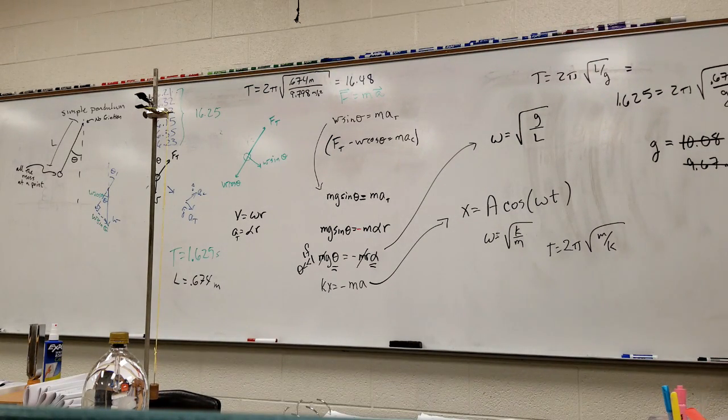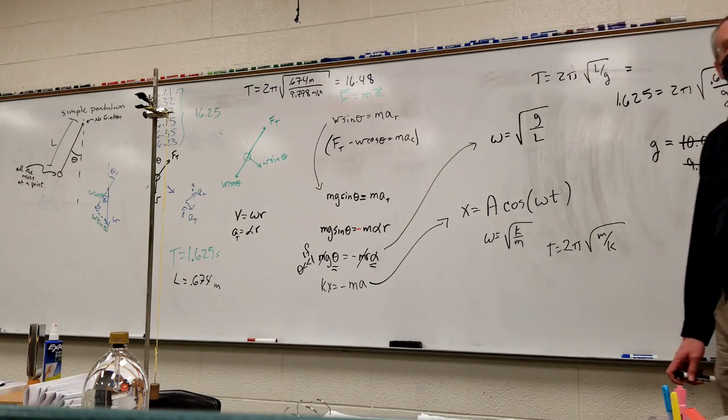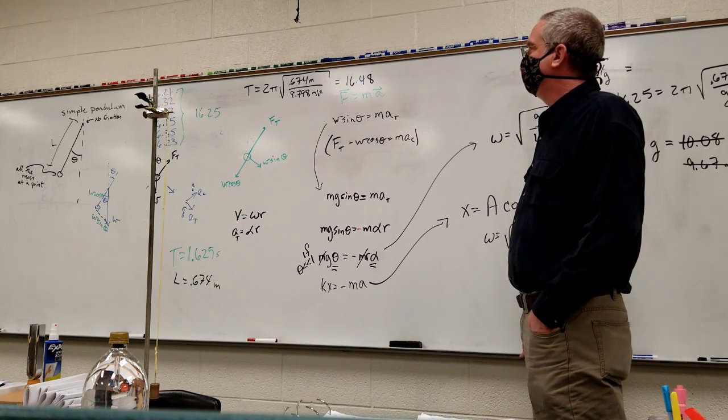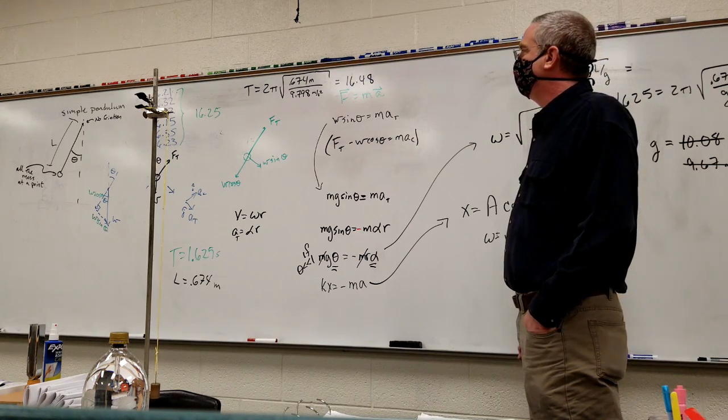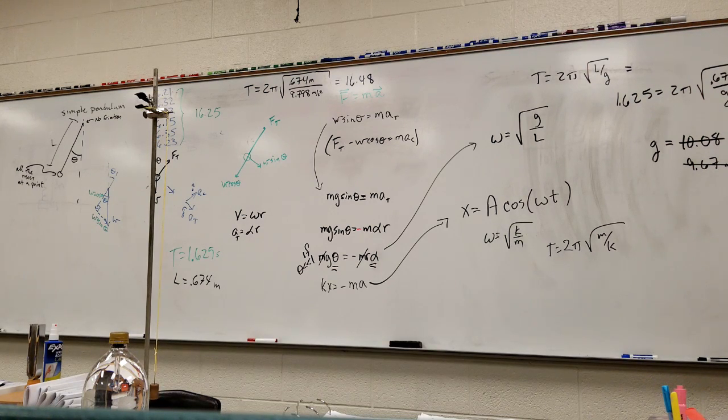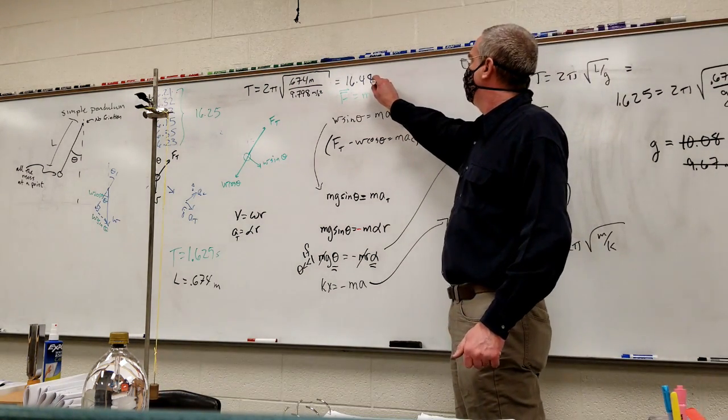All right. Yes, Roberto. This cannot be, because you got a period of 16 with very close numbers to the other one that was 1.6. Sorry? We got the same equation that's there to the right, no?